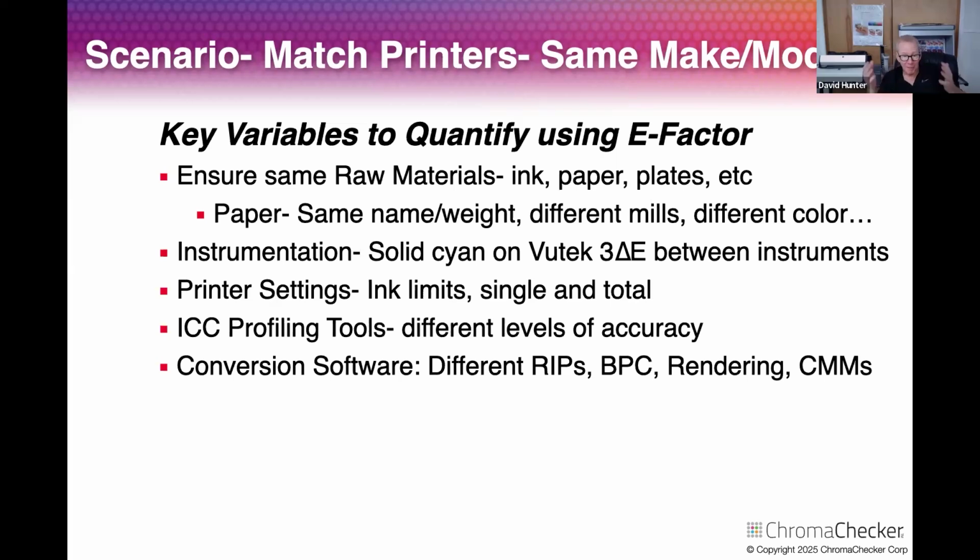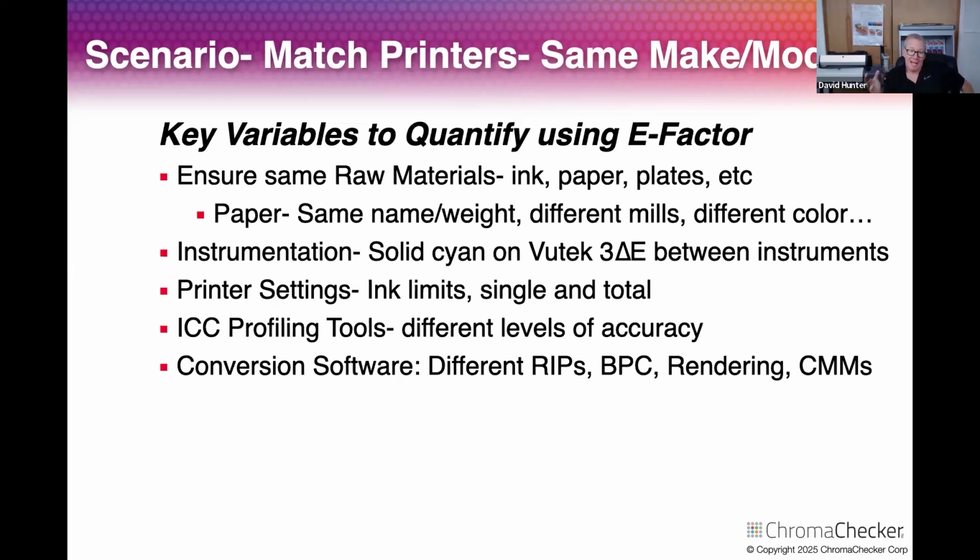And then we've got the conversion software. You see, we're only talking about the same printer, same make and model. And we have all of these variables we have to align. And in this most recent case I'm helping a customer with, they have different color servers, one in Canada and a different one in the US, and we're trying to align the profiles and the black point compensation and the rendering intents.